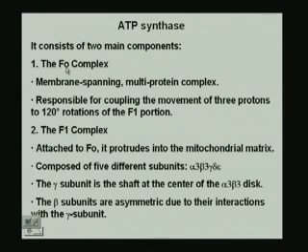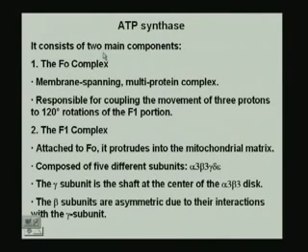You have the F0 complex, that is a membrane spanning multi-protein complex. It is responsible for coupling the movement of 3 protons to 120-degree rotations of the F1 portion. We will see exactly what that means in a moment.